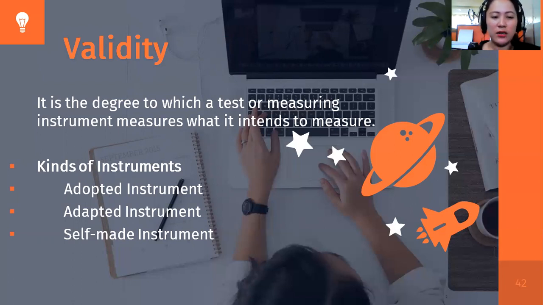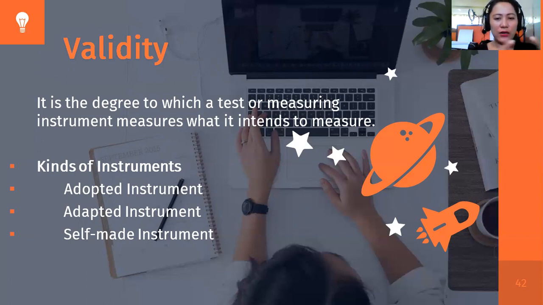For adapted instrument, it means that you just modify something in the standardized questionnaire you adopted. From the adoption, you try to adapt it. You adopted it, then modify something, that's adapted instrument. If you did not change anything, of course, it is perfectly correlated to the instrument being used in that certain research, especially if it is a published research, which has a higher probability of validity.